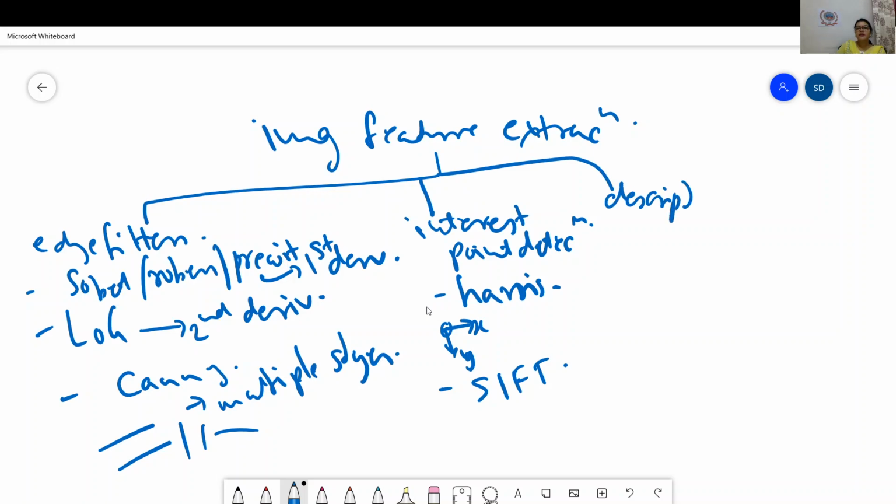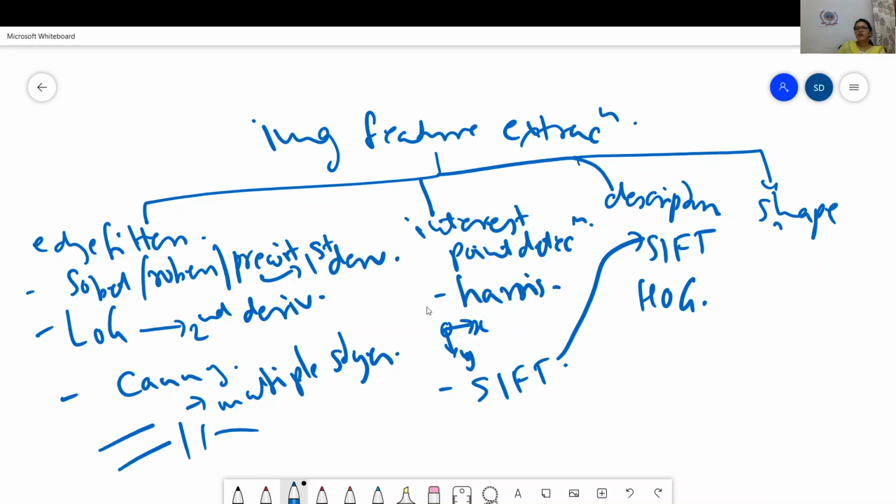In descriptors, SIFT comes in again, because it gives a unique representation for the robust points which exist in that particular image, or robust features from any extracted objects. So we can say SIFT works as a descriptor. Similarly, we have seen histogram of gradients as one of the descriptors.